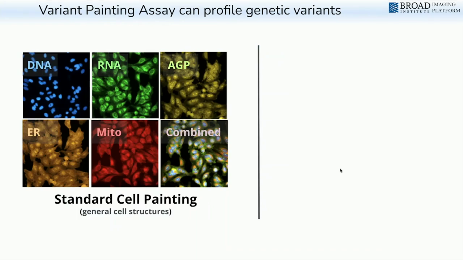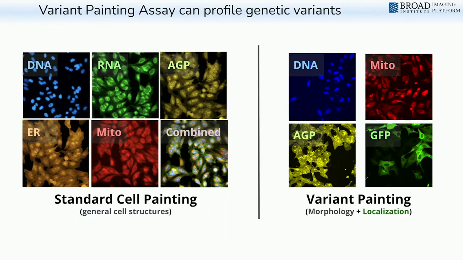And in standard cell painting, you might be familiar with those stains. By contrast, in variant painting, we drop a few of the channels so that we can use fluorescently tagged protein to figure out where this protein is localized. So this whole project is based on protein localization, but since we have these other channels, we also measure the morphology in a more traditional cell painting kind of way.